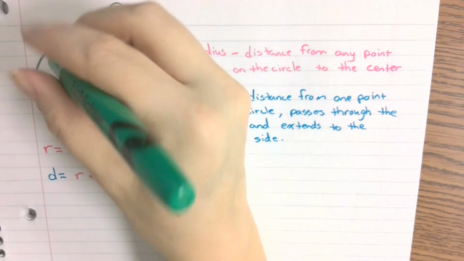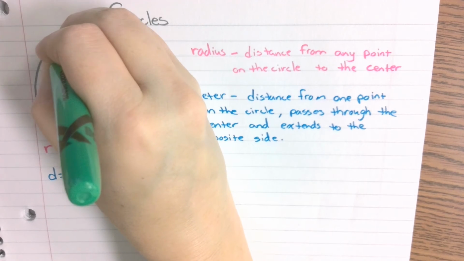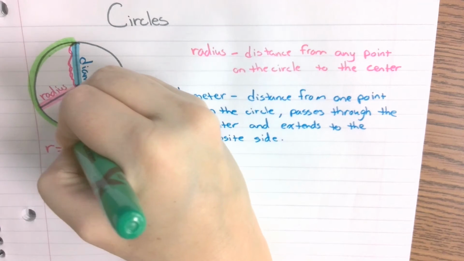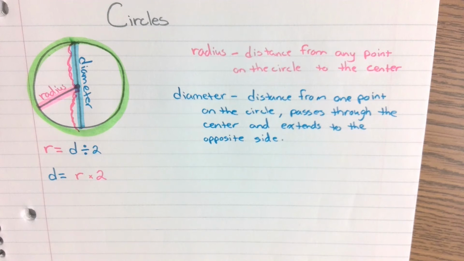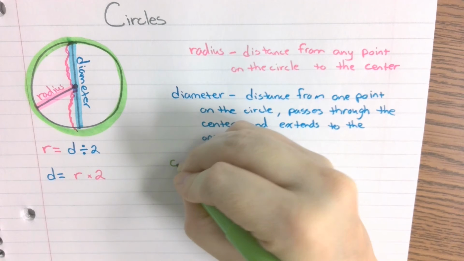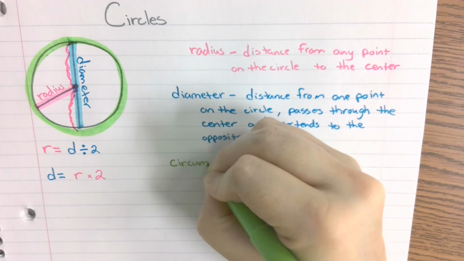Okay, then you have the distance that surrounds the circle. Now, most of the time when you guys look at distance around the shape, you call that perimeter. Circle is the only one that has a unique name for that. We don't call it the perimeter, we call it the circumference.